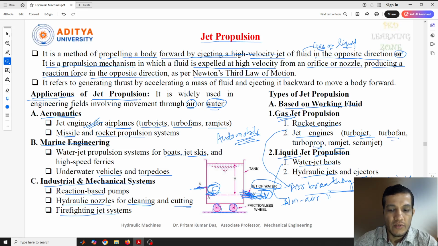The applications of jet propulsion are in many fields, as I told you. Even animals use it. A few animals have been identified in the sea that use this concept of jet propulsion, and I can say the names here. Their functionality is similar to jet propulsion.